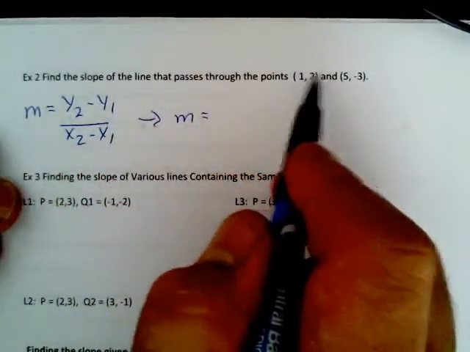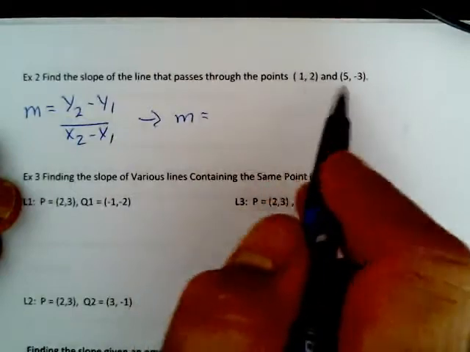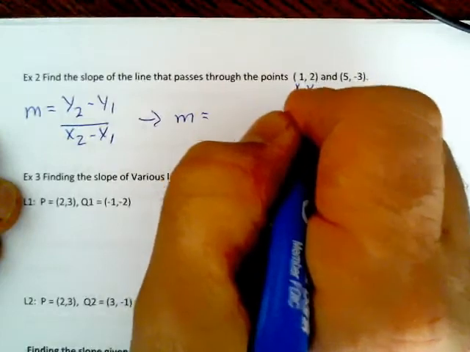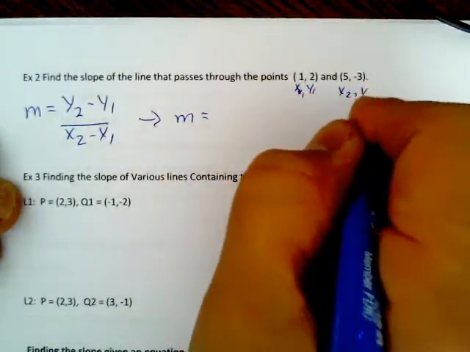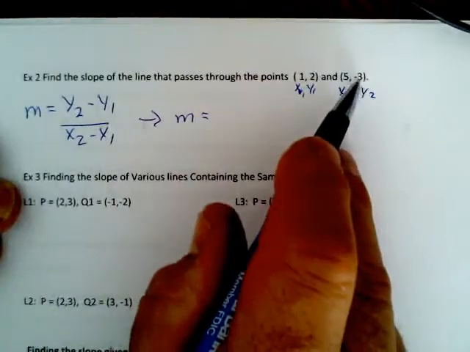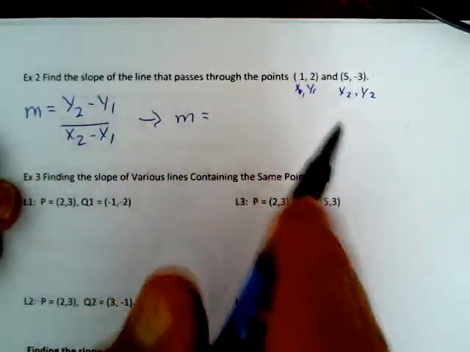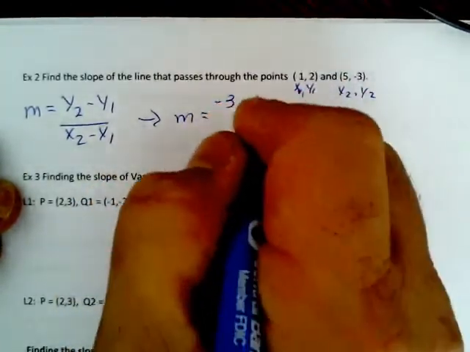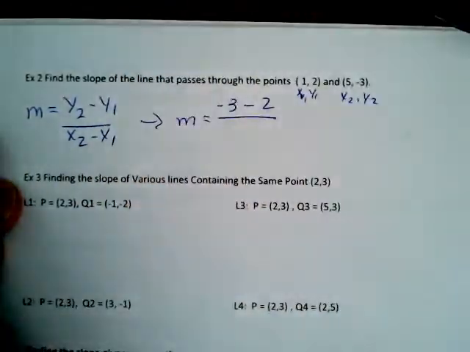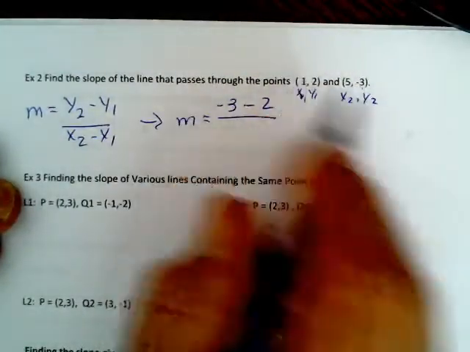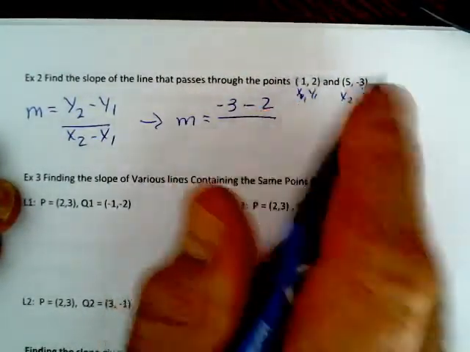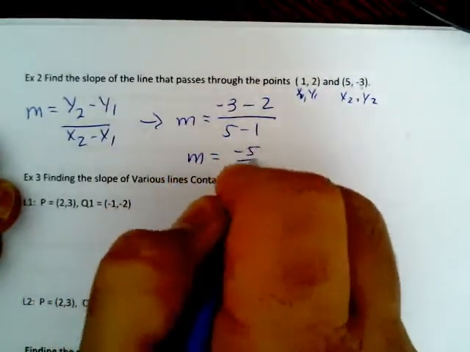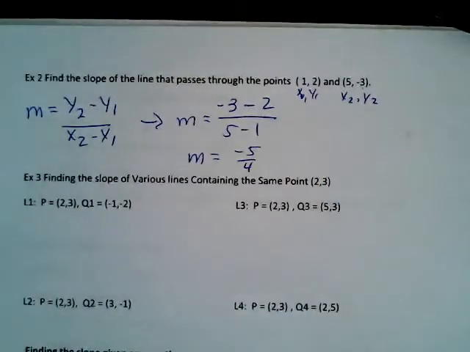It doesn't matter which one you choose for your first or second, but if I choose a y from this one, then that x has to come from the same point. So I take y2 minus y1 over x2 minus x1. Watch your signs. So I get negative 5/4.